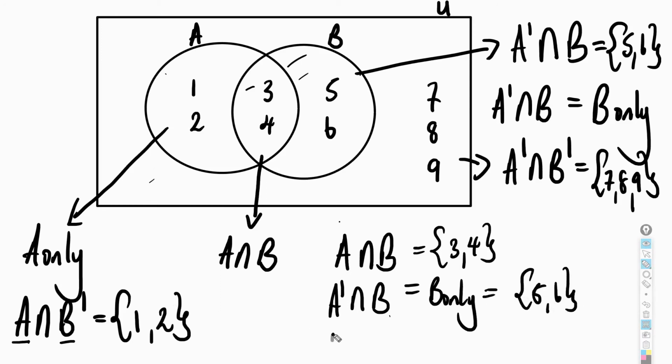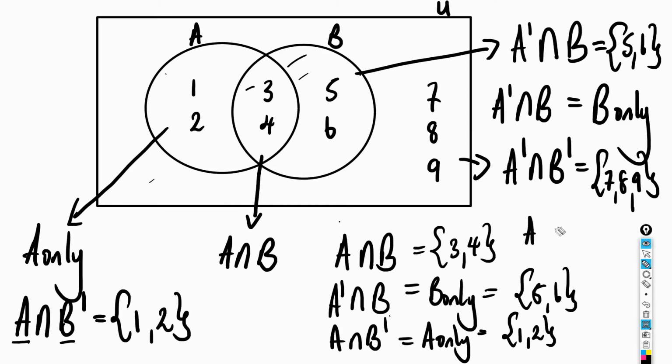Then we have A intersect B prime, which is equal to A only, which is equal to 1 and 2. And then we have A prime intersect B prime, which is equal to everything outside of these two, which is just 7, 8, and 9.